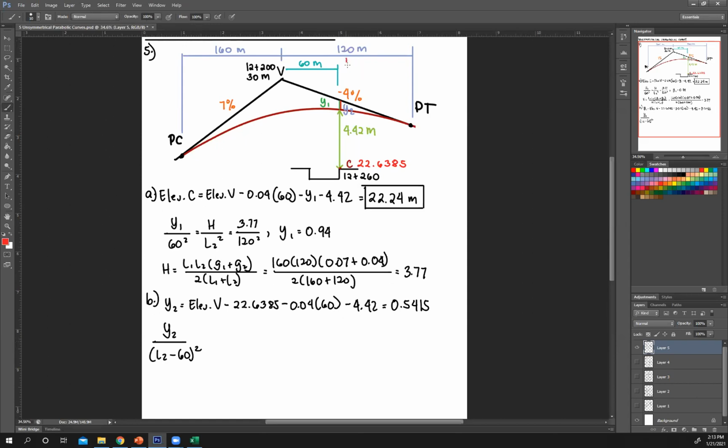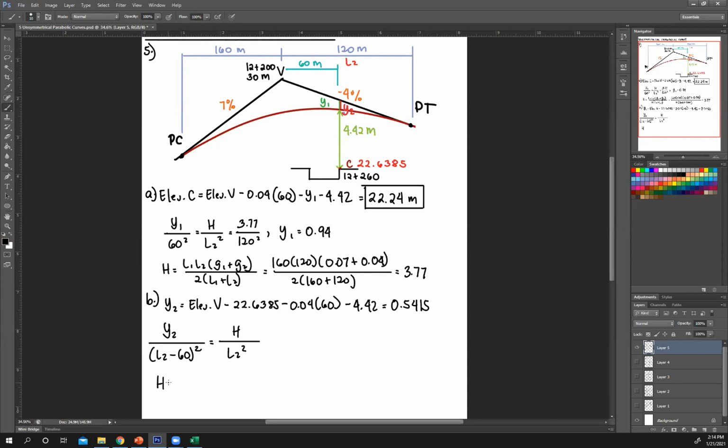Equals H over L2 squared. Now, I don't know H, so we can solve for H. H is not this anymore, by the way, since L2 is different.